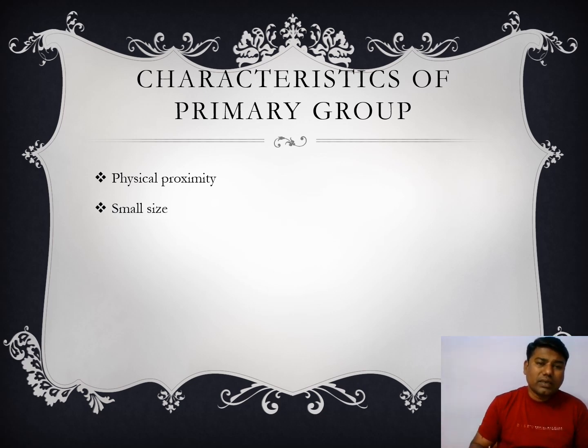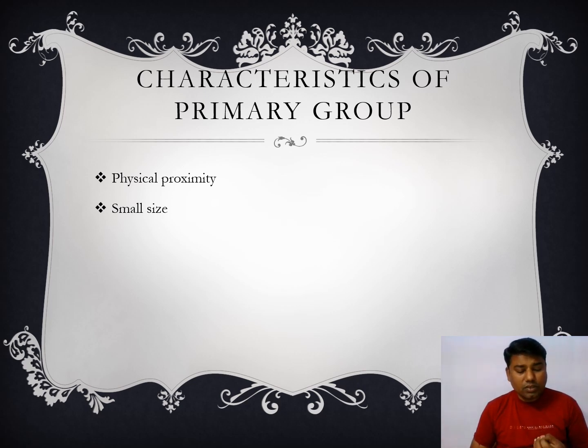Secondly, there is small size. Primary groups are smaller in size, and the effective participation of members is possible only when the group is of a small size.